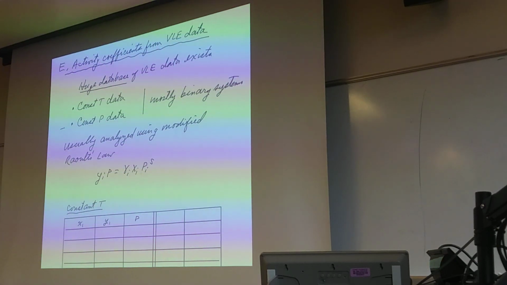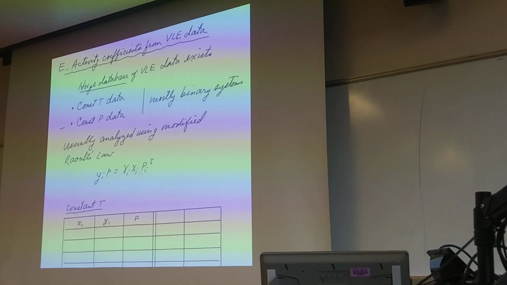And they're almost all binary systems. There are a few published vapor-liquid equilibrium data for ternary systems, but they're very thin on the ground. It turns out that that's not much of a drawback, because as we'll be able to see here eventually, if we have understanding of the way the binary systems behave, that's good enough. We can predict ternary and higher number of component systems just out of binary parameters. We'll see how that works out.